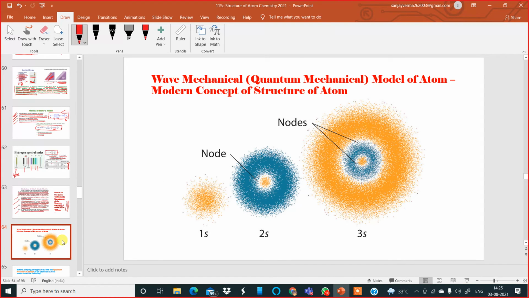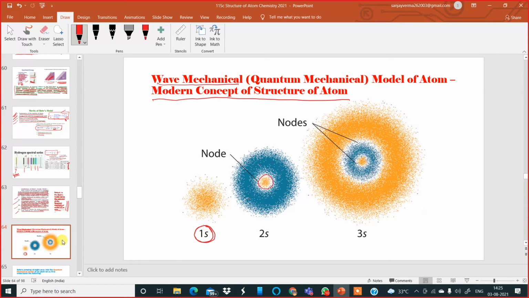Now, have a look at the next slide. The quantum mechanical model of an atom, it is also called wave mechanical model of an atom, and this is the modern concept of structure of atom which we still study today. 1s orbital. You can see it is a cloud. 2s orbital. This one, the dark green one. Below that there is a node, empty space.